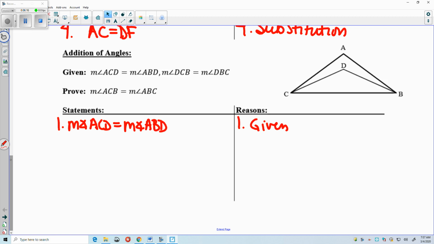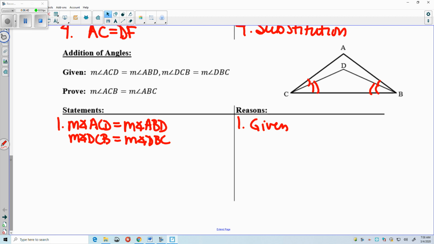And we also have the measure of angle DCB is equal to the measure of DBC. So if I take a look, here's ACD is equal to ABD. And then I have angle DCB, so that's this one here, is equal to DBC, that's that one.